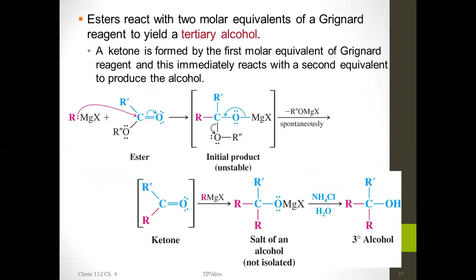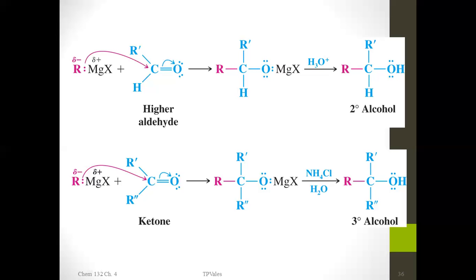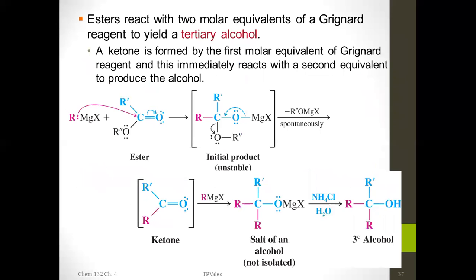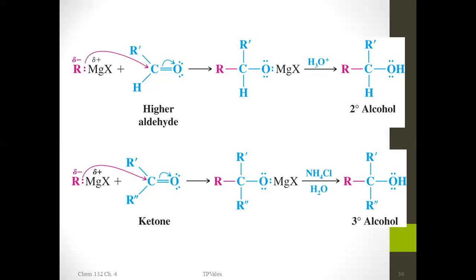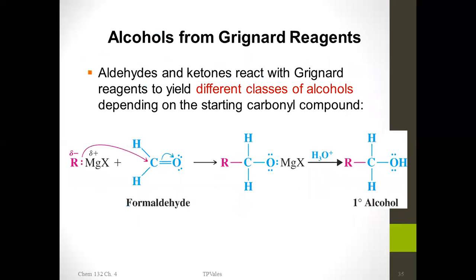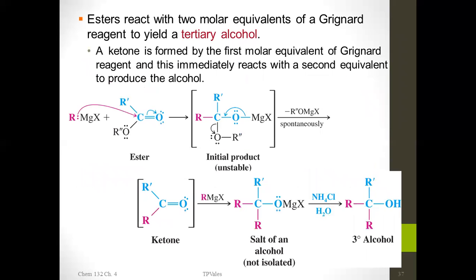Okay, so your 1-degree, 2-degree, 3-degree, depende na again kung unsa ang inyong carbonyl compounds. And similar to your aldehydes, ketones, and formaldehyde, esters can also react with Grignard reagent.